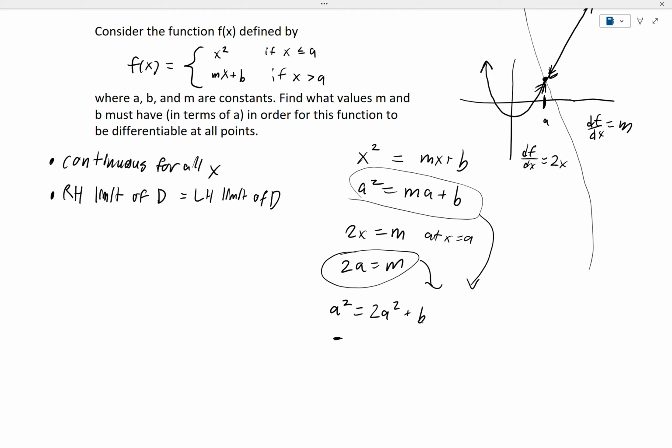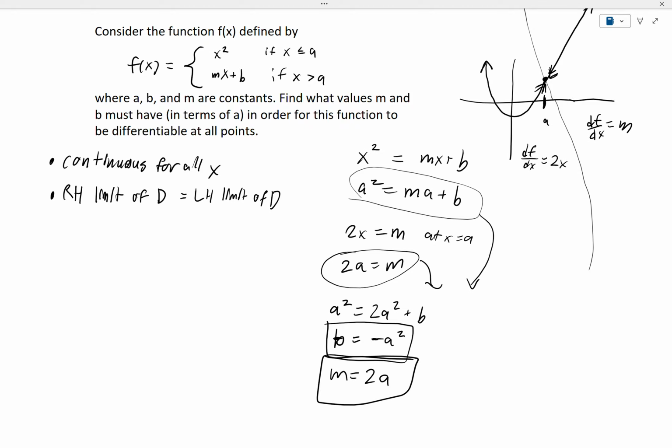Subtract 2a squared from each side, and I end up getting b is equal to negative a squared. So that's the value for b. Now, what about the value for m in terms of a? That's even easier. We were given that one. m is equal to 2a.